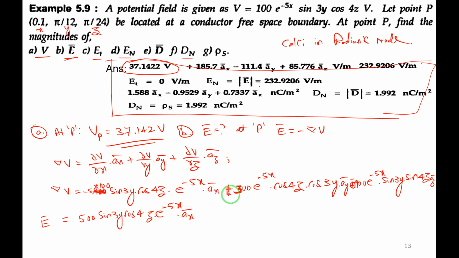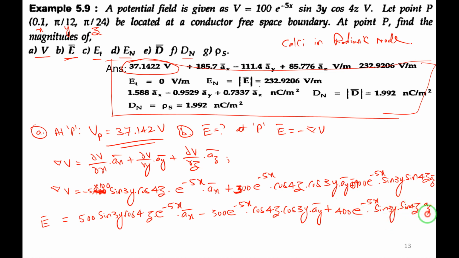Then minus into plus, this is minus 300 e to the power of minus 5x cos 4z into cos 3y into ay. Then minus into minus, this will be plus, because E equals minus del V, right? I am multiplying minus. So 400 e to the power of minus 5x into sine 3y into sine of 4z into az.